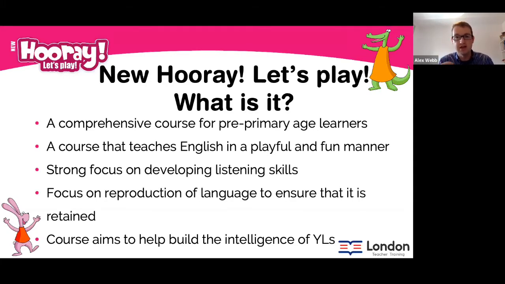It aims at stimulating the senses of the students so that they are learning in a way that is really fun and stimulating for them. There is a really strong focus in this course on developing listening skills. This leads into the focus on the reproduction of language to ensure that this language is retained. The key focus is on slow and accurate reproduction of the language.